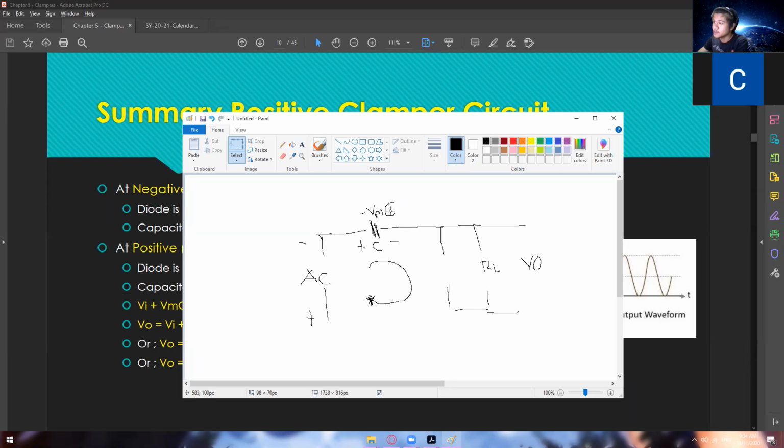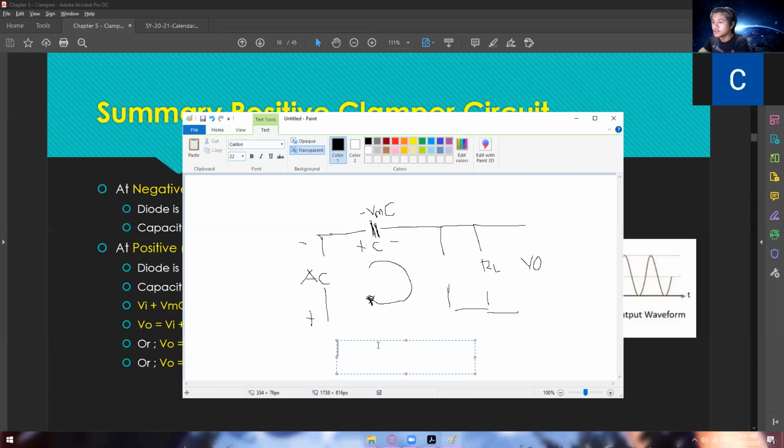All right, so as a result, we have here negative VMC, so V sub O is equal to negative V sub I, which is the sign of this one, plus negative VMC. That is in this case.